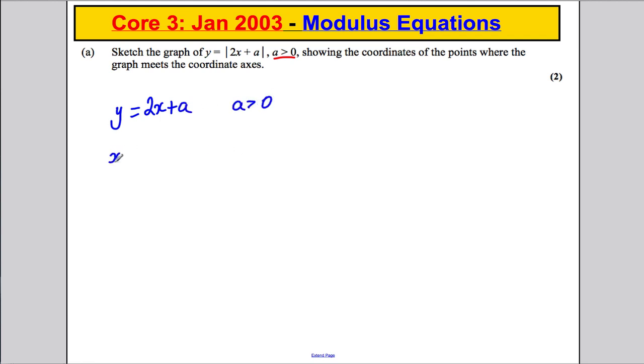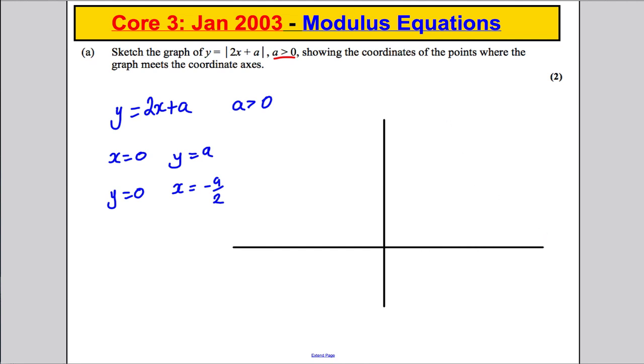If x is equal to 0 here, then y is equal to a. If y is equal to 0, then x would equal negative a over 2. Just solving in there. Okay, so that gives us 2 points to draw the graph from. We know that the graph goes through 0 and a.